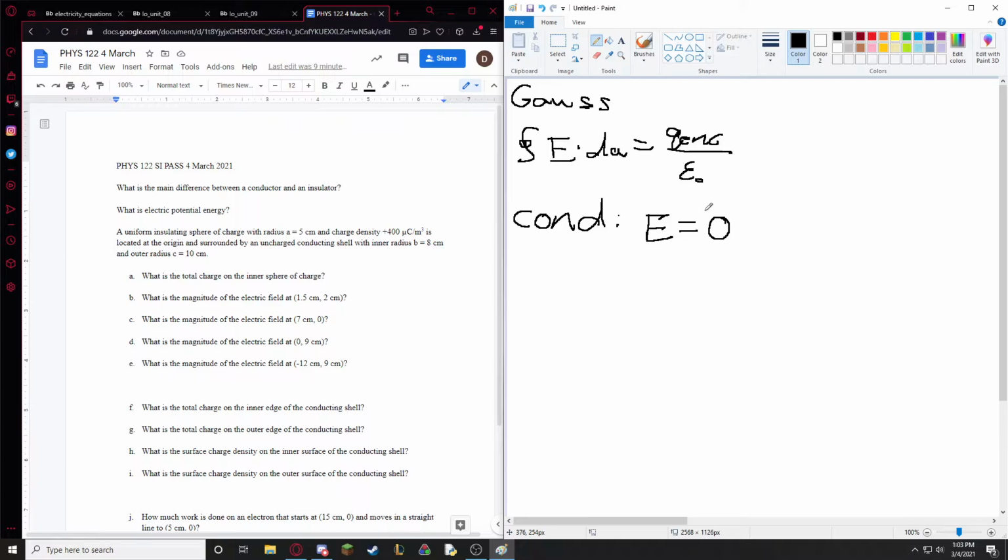An insulator is just charges that are usually uniformly spread out, at least in this class. So that's pretty much it in terms of Gauss's law.